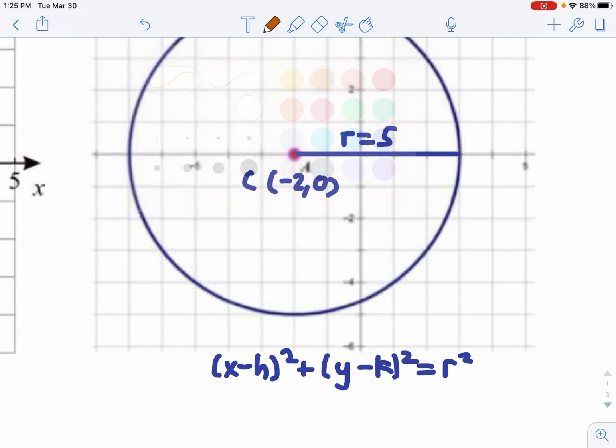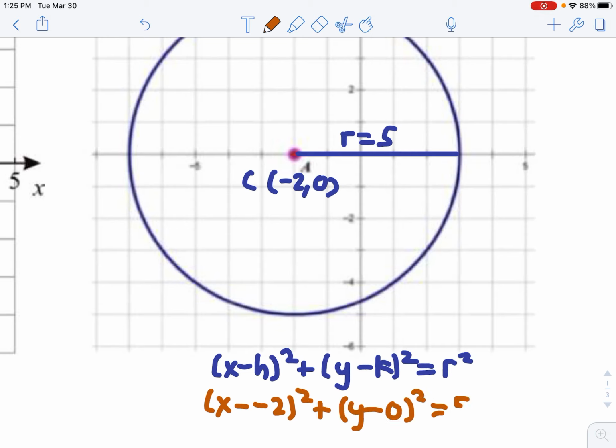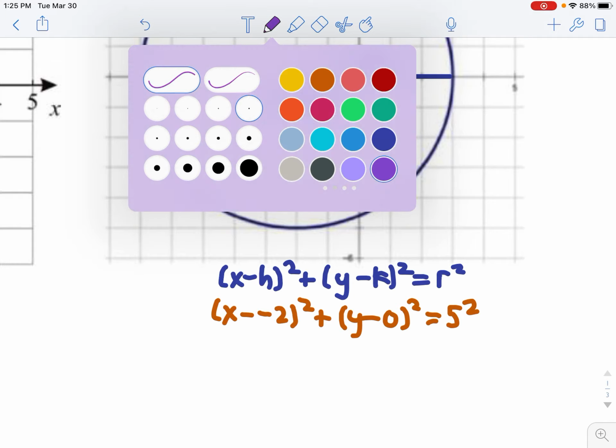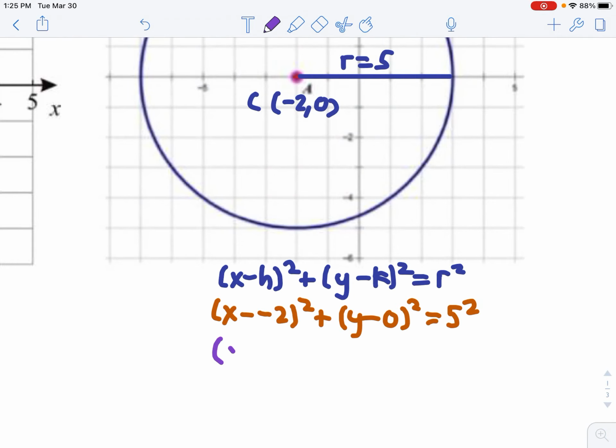Again, it's all about carefully plugging things in. (x - (-2))² + (y - 0)² = 5². So I just plugged it in with brute force, and now I can focus on simplifying things, such as x - (-2) becomes (x + 2)² + y² = 25.